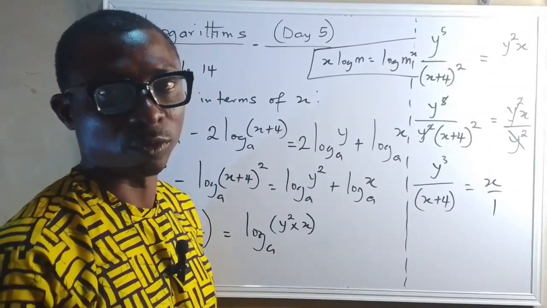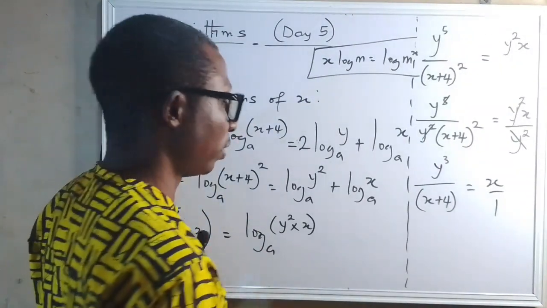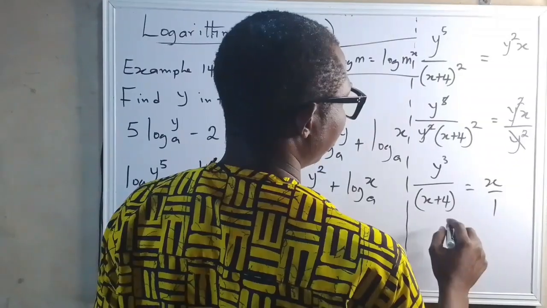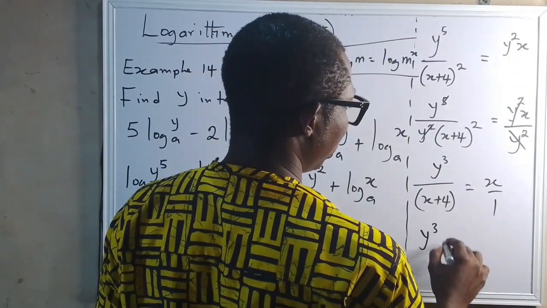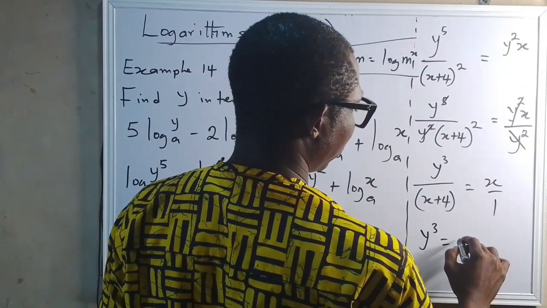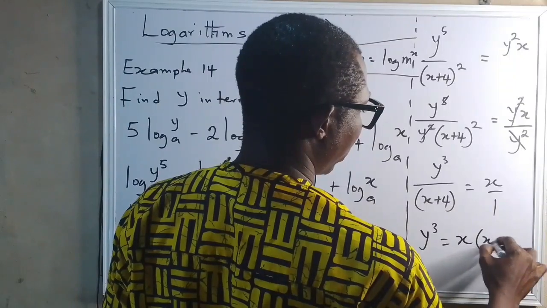Now the next thing is to cross multiply. So when you cross multiply, you have y raised to the power of 3 equals x times (x plus 4).